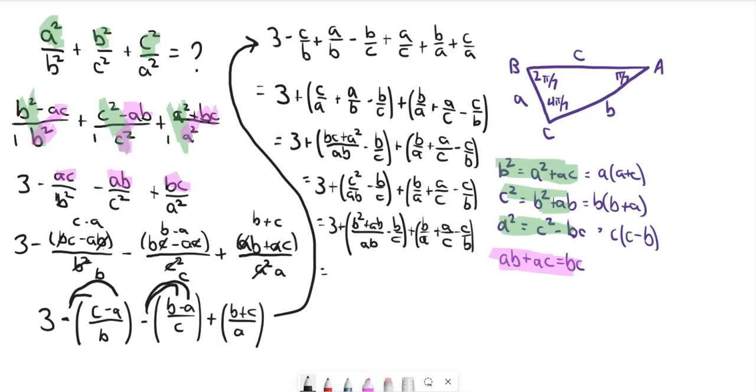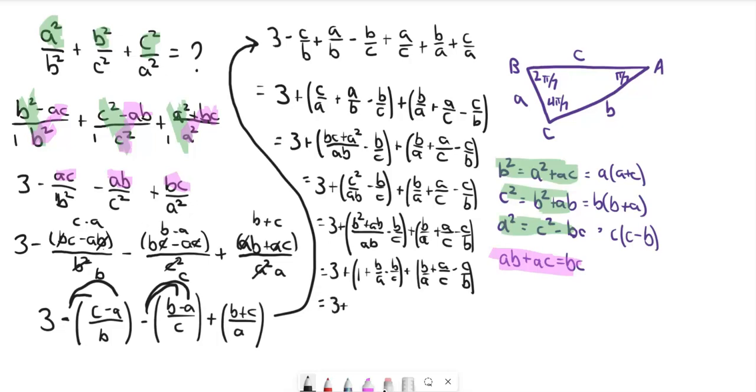So we get b squared plus ab. We know for a fact that the ab's cancel off, so we're left with 1 plus, and of course b squared over ab is b over a, minus b over c, plus b over a plus a over c minus c over b. And then from there, we saw that 3 plus 1 was equal to 4.